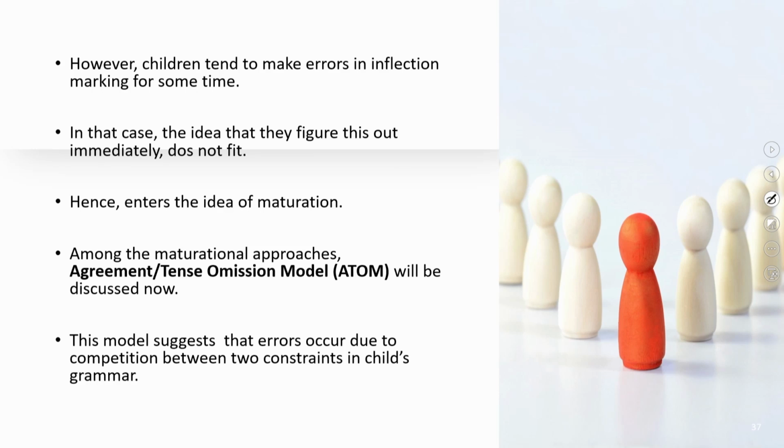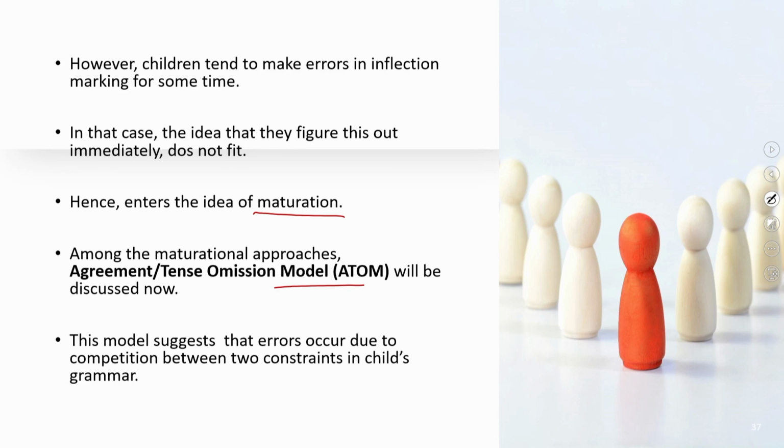So, here comes the idea of maturation. Within the nativist approach, maturation is one important idea that has been proposed, and there are many approaches within the maturation theory, but we will look at one of them, which is called the agreement tense omission model, or in short ATOM. This is a model within the maturational hypothesis, which again is part of the innateness hypothesis.